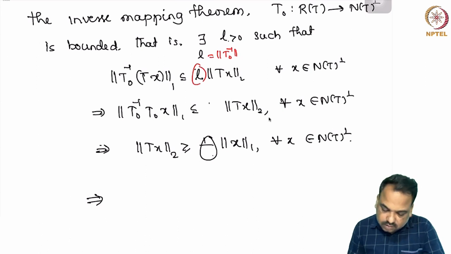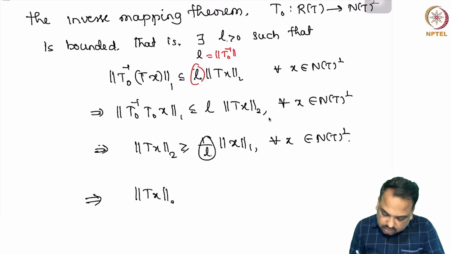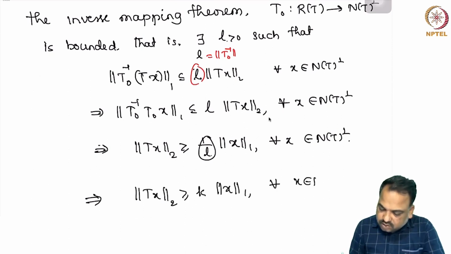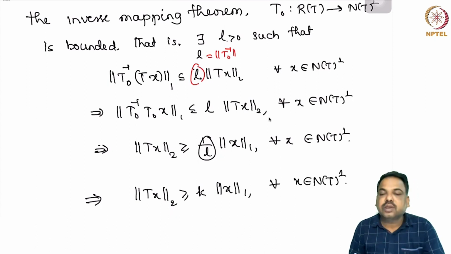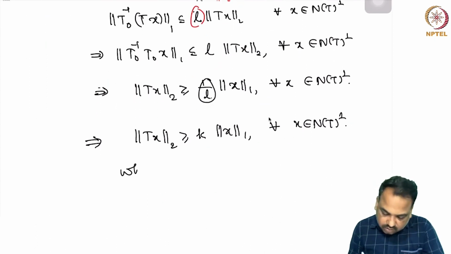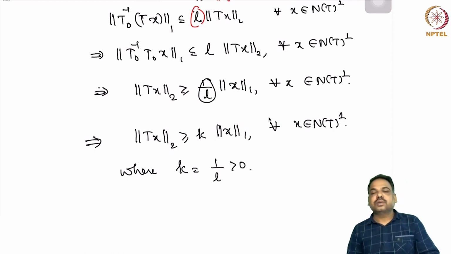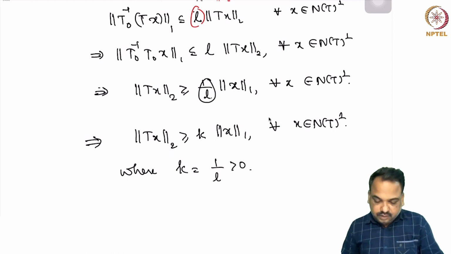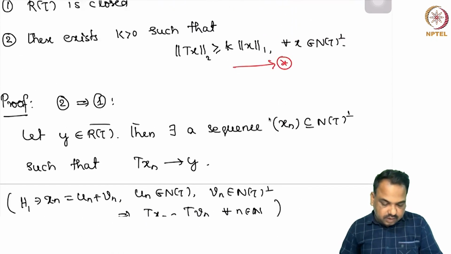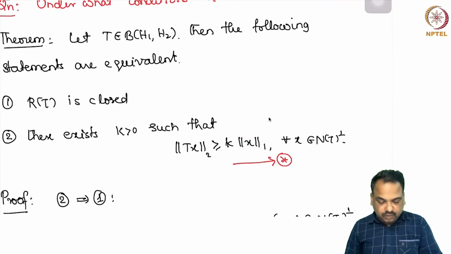So norm Tx is bigger than or equal to k times norm x for every x in null space of T perp, where this k is nothing but 1 by L, which is strictly bigger than 0. So this completes the proof of 1 implies 2.